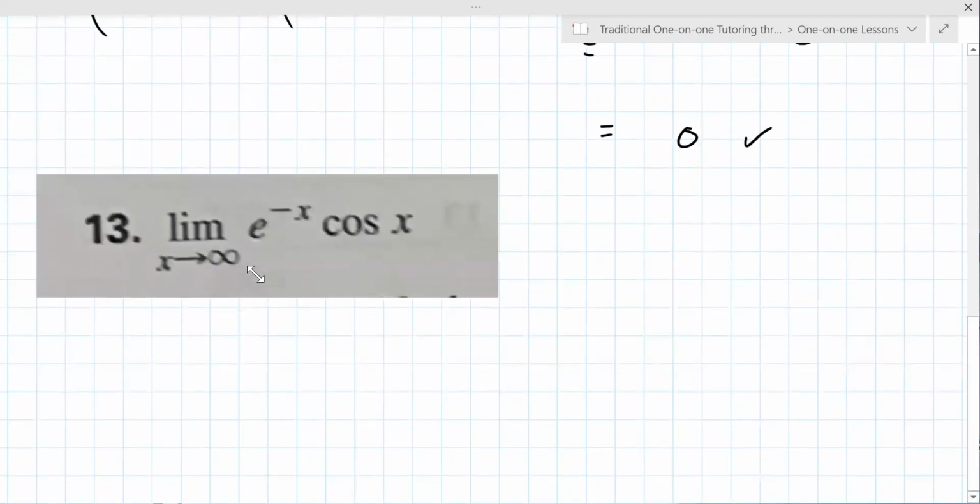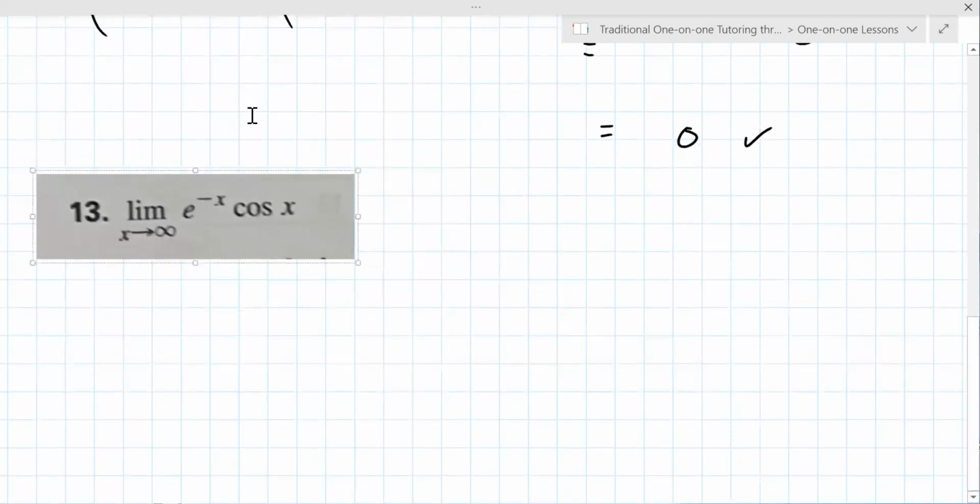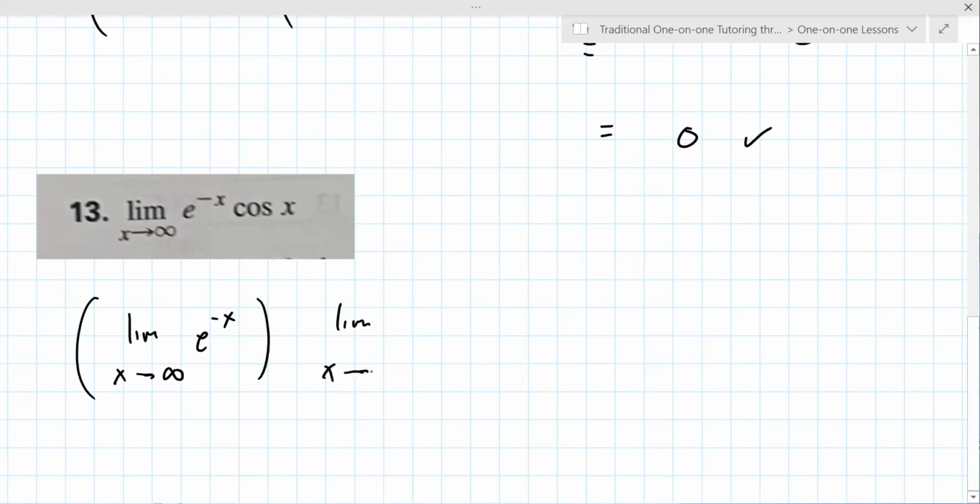All right. So here, we've got kind of the same potential issue as previous. You could break this up, limit x to infinity e to the minus x, limit x to infinity cosine x. This actually does work. There's also an alternative way to do it.